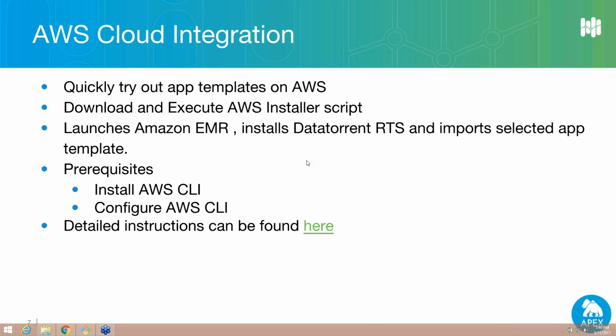Of course, the prerequisite is that you need to have your Amazon account, and on your host machine, say your laptop, you would have to install the AWS CLI and configure it. You can see a link over here. If you click on that link, it will redirect you to our website, which will have the detailed instructions.